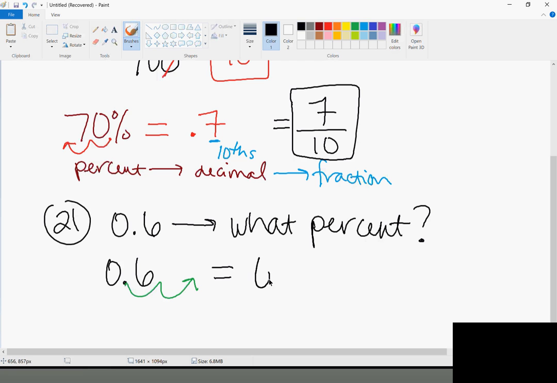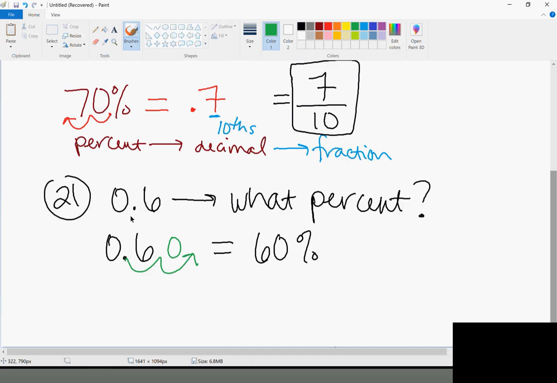So the answer would be 60%. All right. Another way you could do it is if you like multiplying decimals, you could take 0.6 and multiply it by 100. And that will get you your 60, and it will be 60%. There's 2 different ways you can do it.